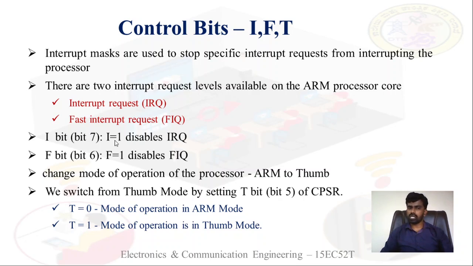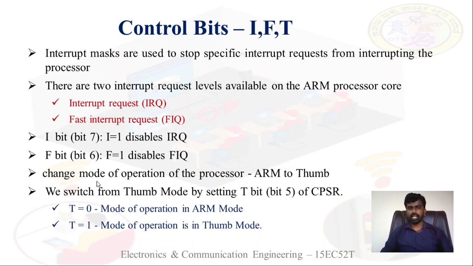If it is equal to 0, it enables the interrupt request. Bit number 6, F: if F is equal to 1, that disables the FIQ. If F is equal to 0, that enables the FIQ. Out of these two, FIQ has the highest priority.